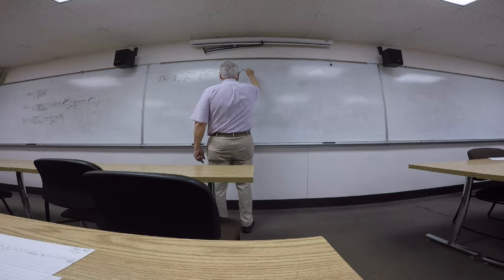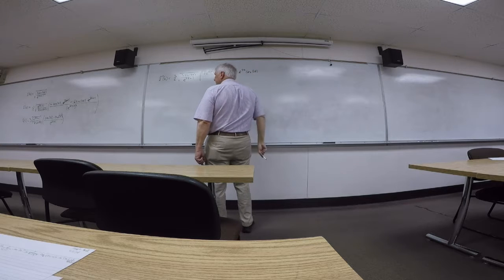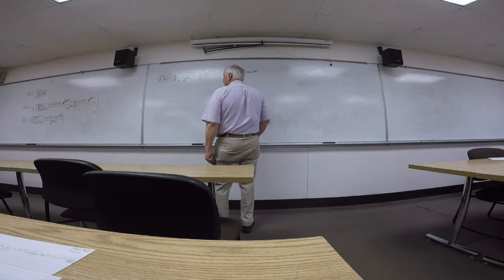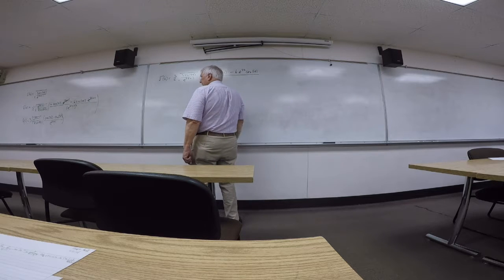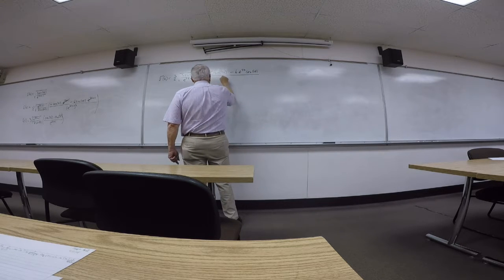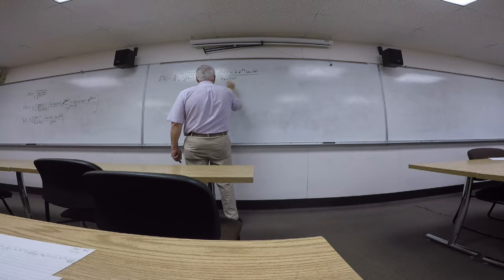Derivative of sine is cosine, cosine 2t, divided by 9 sine squared 2t.